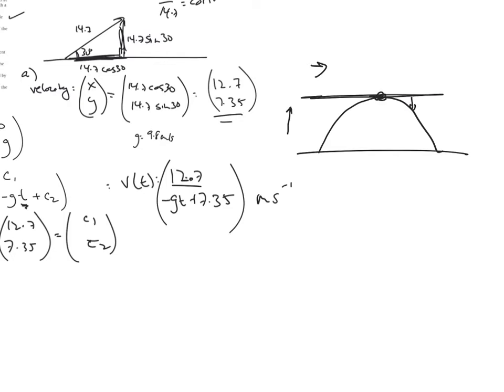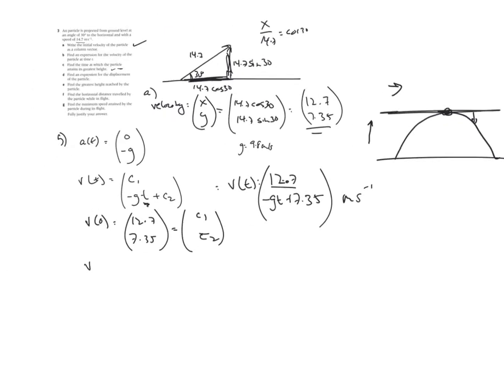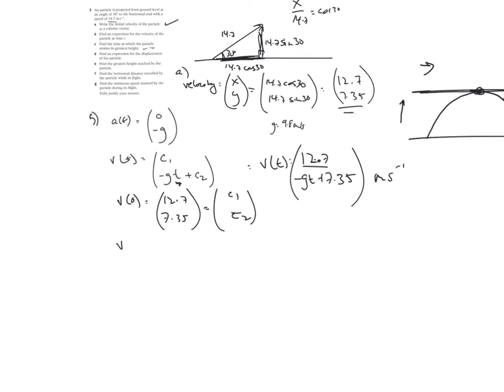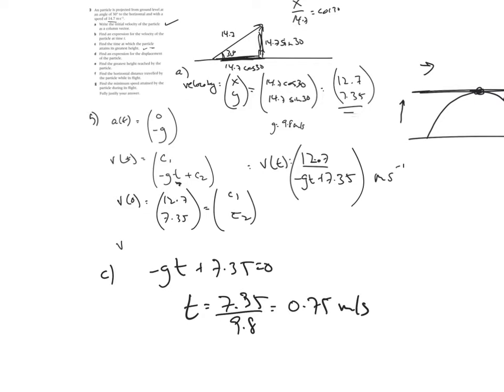At this very moment, the vertical velocity is equal to 0. So for C part, I take my y component, minus g t plus 7.35, and set it equal to 0. Then t is 7.35 over 9.8, which is 0.75 seconds.